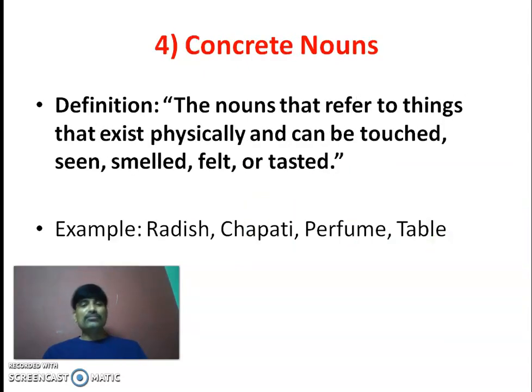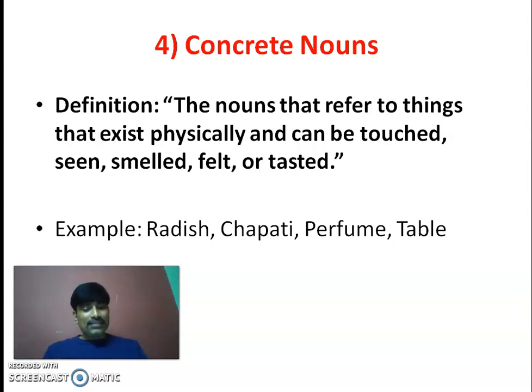Opposite to abstract noun, there is something called concrete noun. Concrete noun, again the title itself suggests, concrete means you can feel it, you can taste it, you can smell it. Such nouns, nouns of the person or nouns of animals or nouns of anything that is lying over there, actually you can feel it or taste it. For example, if I say that tea is being made, the aroma you can feel and you can realize that there is tea being made.